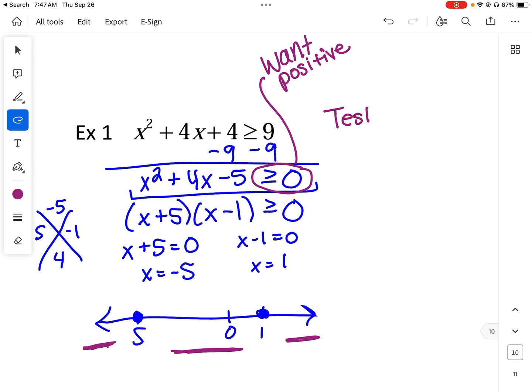So let's do our test point. I'm going to start out, oh, that should be a -5, sorry. Forgot my little negative. Okay, we can start with -6. So I'm going to sub it in here for my test point. This is going to be -6 squared plus 4 times -6 minus 5.